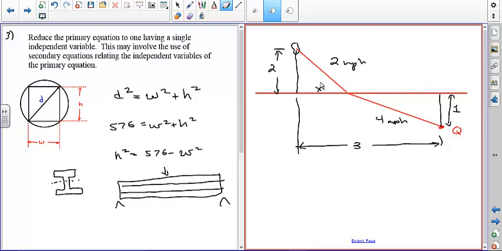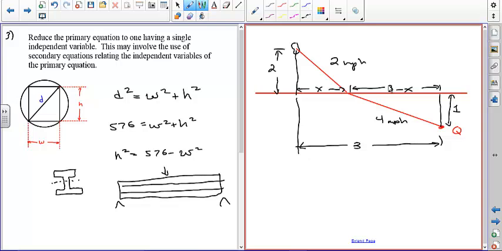If this distance is x, what would be the distance here? So this is 3. Total distance is 3. This is x, so this is 3 minus x. So we get it in terms of one variable.